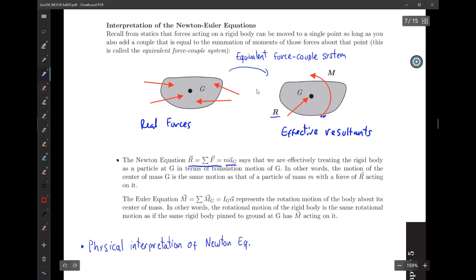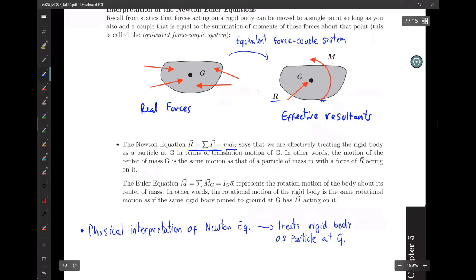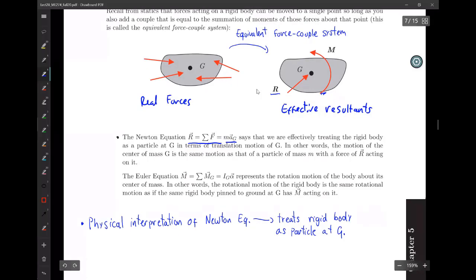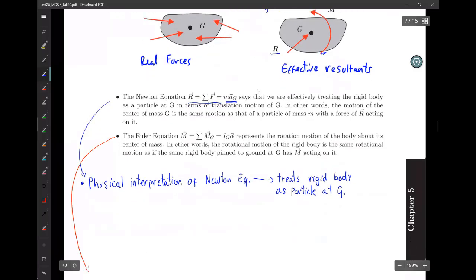What is the physical interpretation of Newton's equation? That's Newton's equation, essentially. Well, Newton's equation treats the rigid body as a particle that is positioned at point G, and from the acceleration of that particle, what can we get?